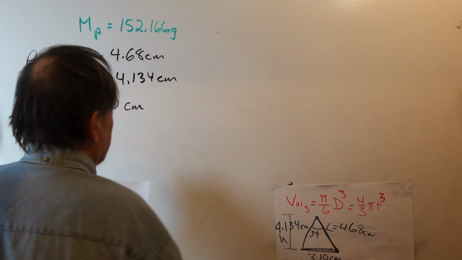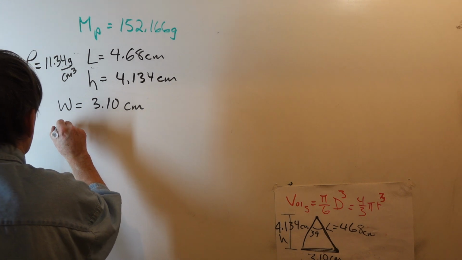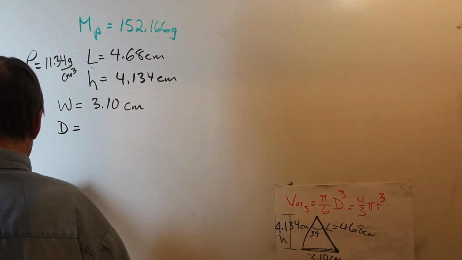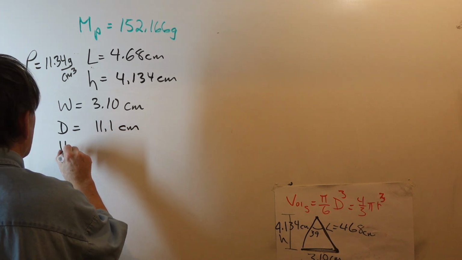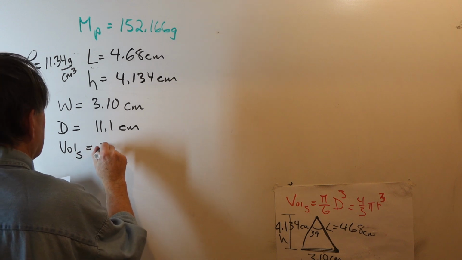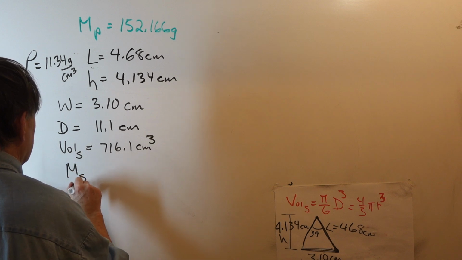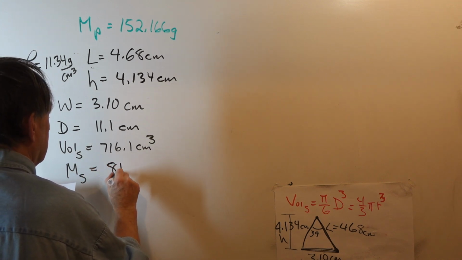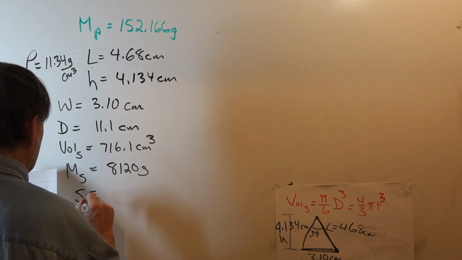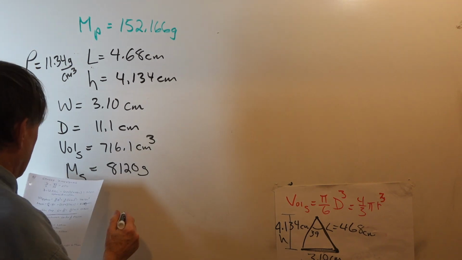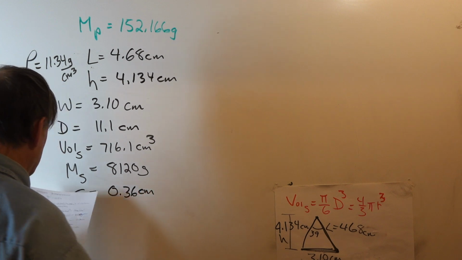Now for the sphere, we have the diameter of the sphere, cap D. The diameter is 11.1 centimeters. The volume of the sphere is 716.1 cubic centimeters. The mass of the sphere is 8,120 grams. The separation between the base of the pyramid and the surface of the sphere is 0.36 centimeters.